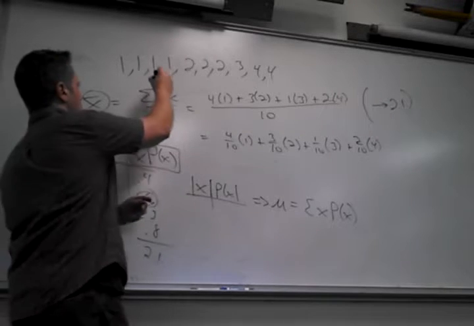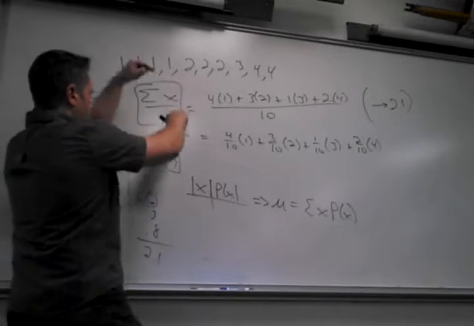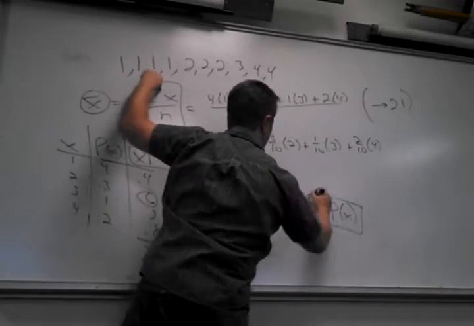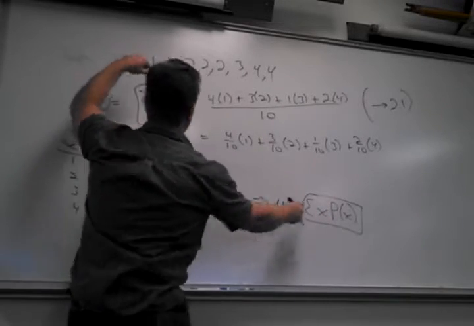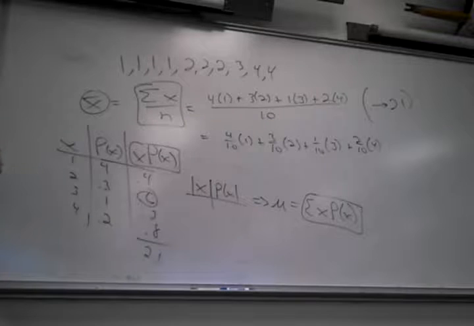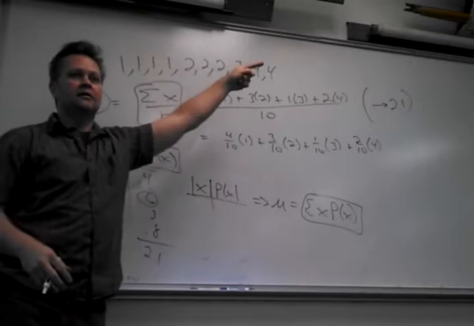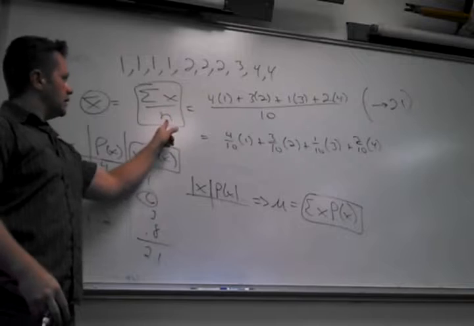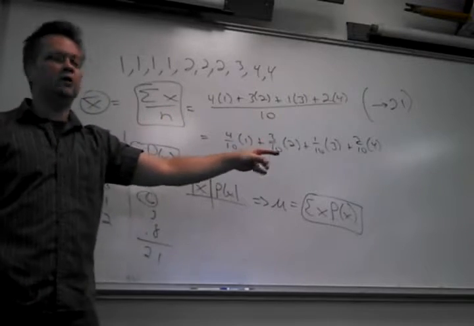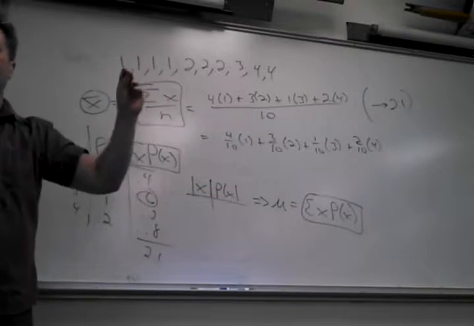Now, what's the major difference between this and this? What's kind of missing here that's here? What's at the bottom of a probability? The total number of things that could happen, which in this case is? So that's built into p of x. So they're the same formula. I really hope you guys see that.